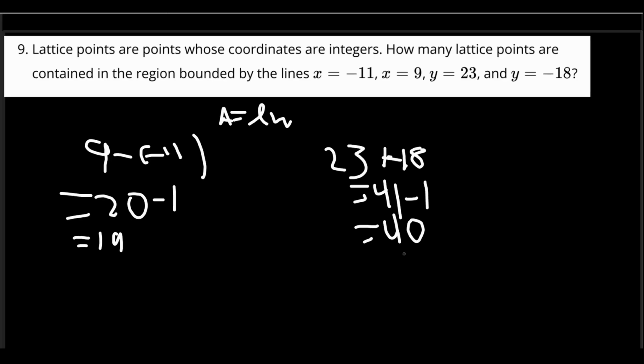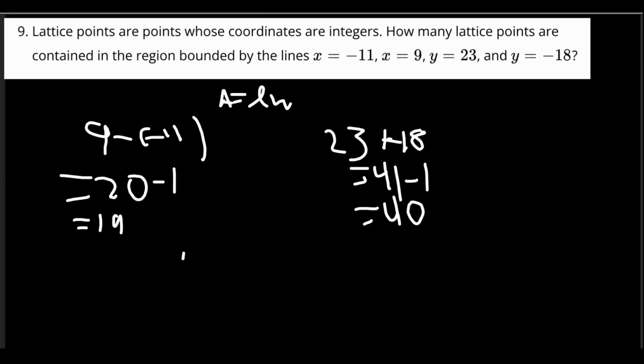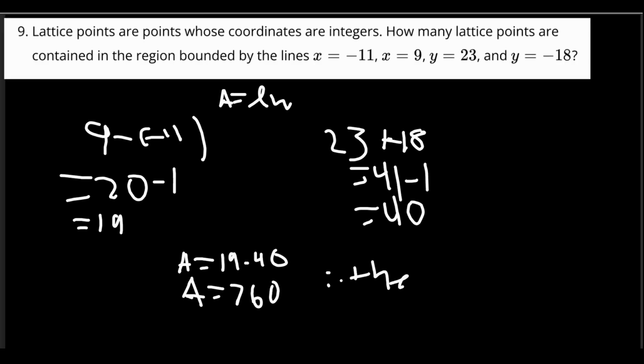But with that out of the way, we can now put these two values into our length times width formula, and we can just put area is equal to 19 times 40, and 19 times 40 is equal to 760.